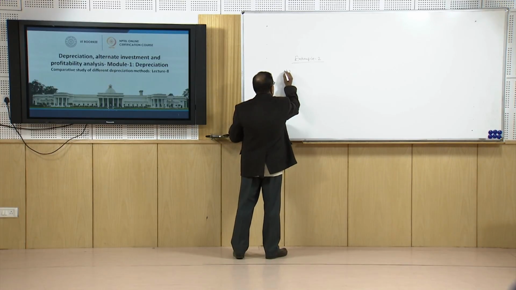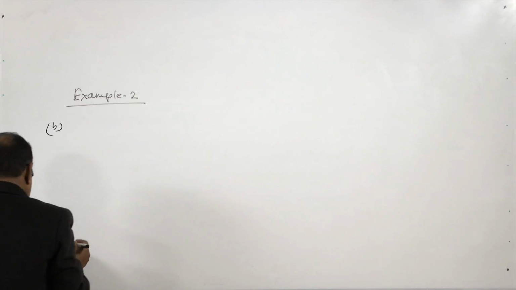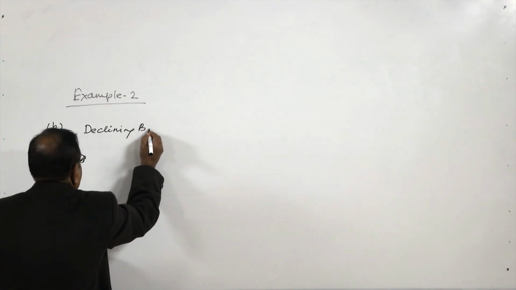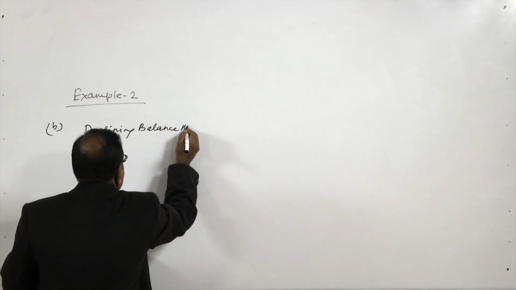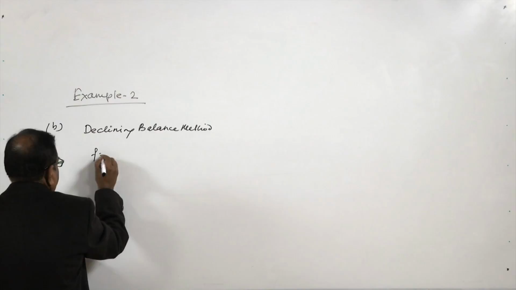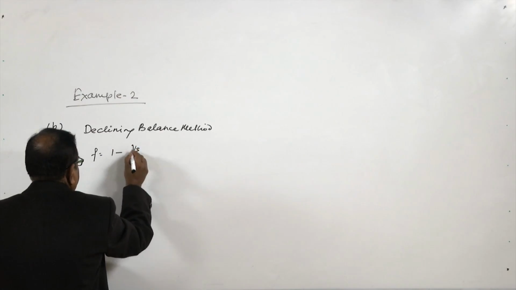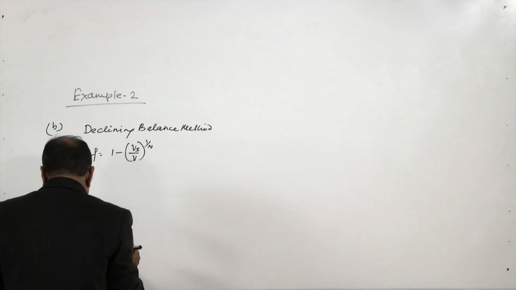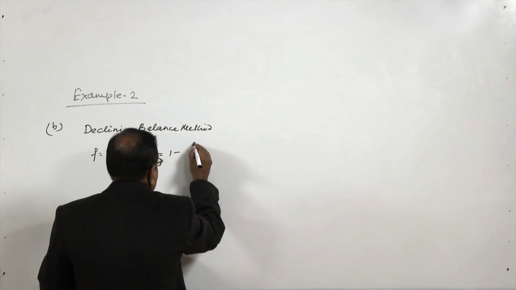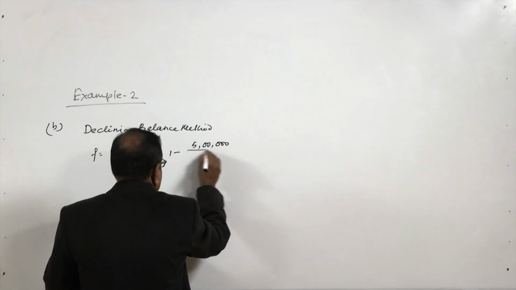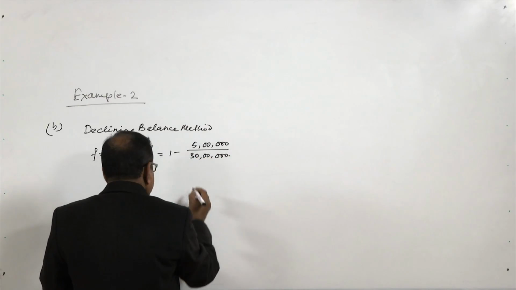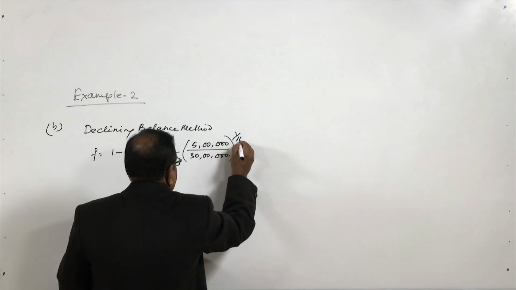Now, declining balance method, F is equal to 1 minus Vs by V to the power 1 by N, and this is equal to 1 minus 5 lakh divided by 30 lakh to the power 1 by 15.